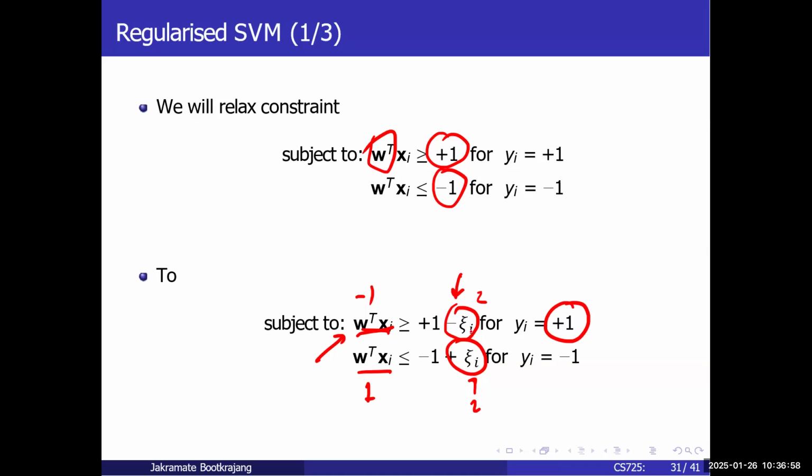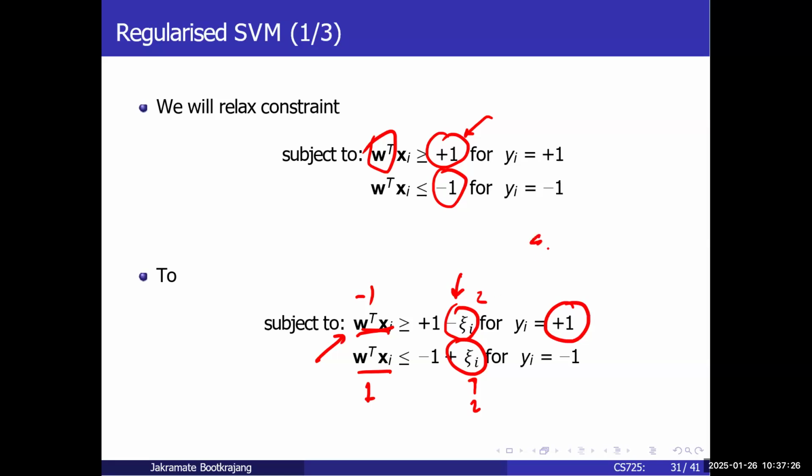But the incorrectness of your model, you want it to be very low. So the lower this slack variable is, the closer it is to the original condition, right?